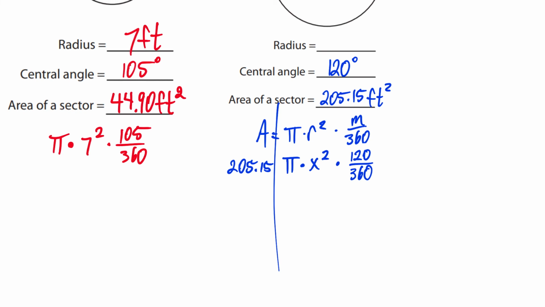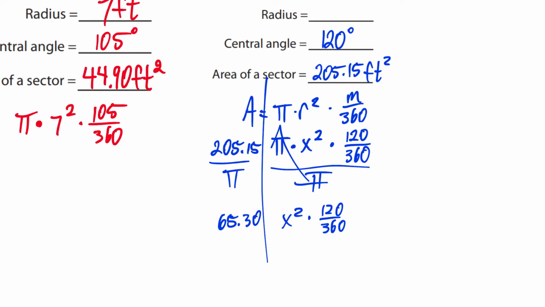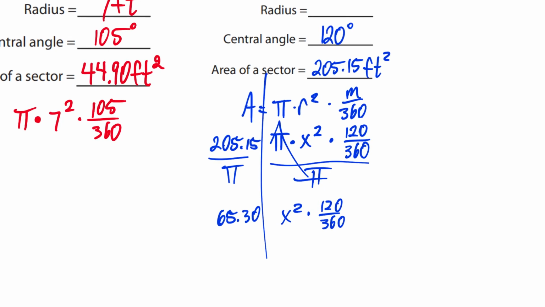So we just divide both sides by pi, and that's 65.3. What is 120 divided by 360?